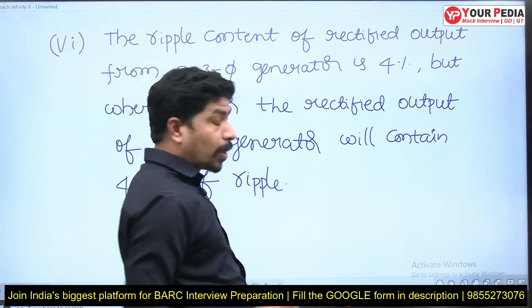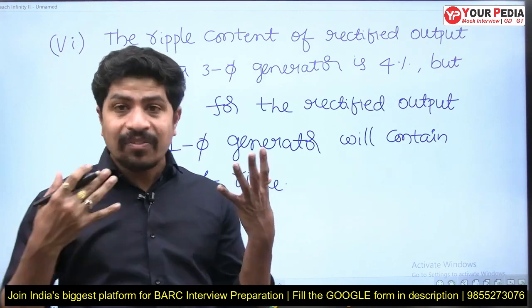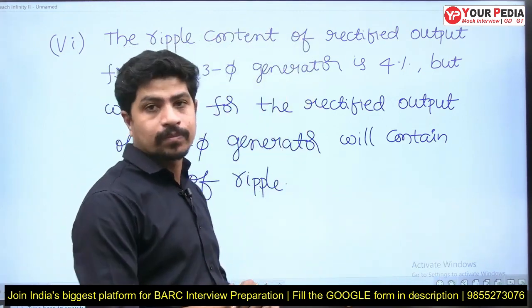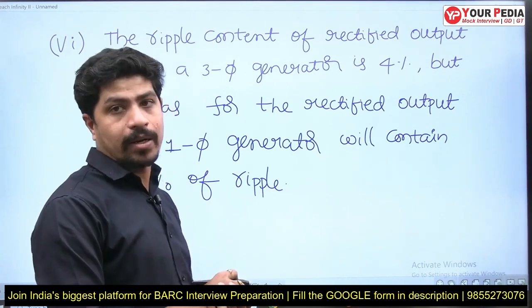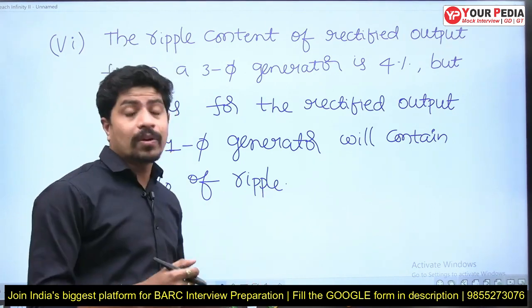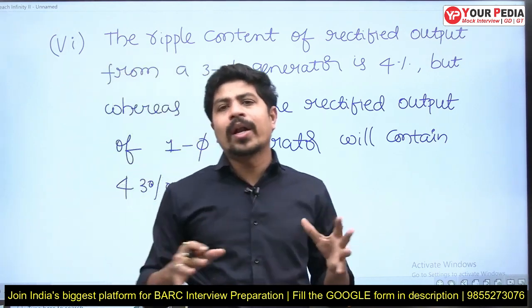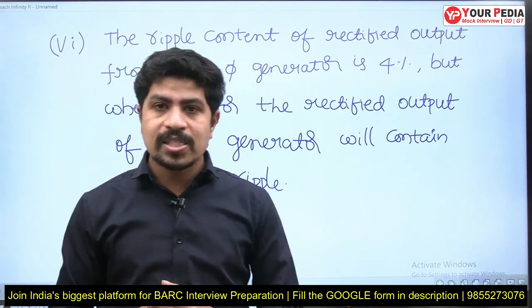So if the ripple is more, a higher rating filter I have to use. The filter requirement is more here when compared to three phase. So again, it is a costly affair. So the cost of the rectifier and the cost of the filter will increase. So these are the advantages of three phase over single phase.